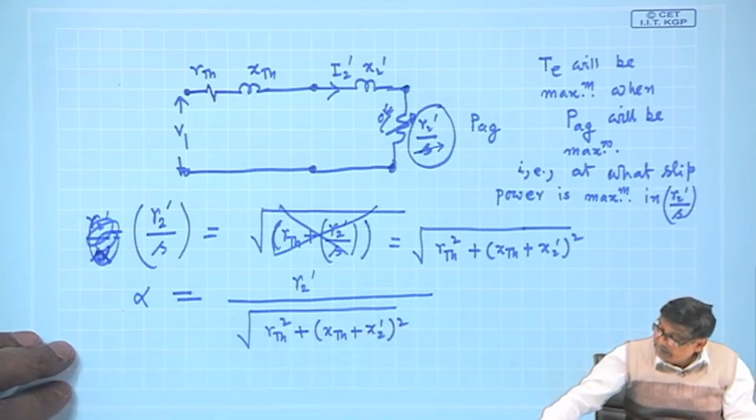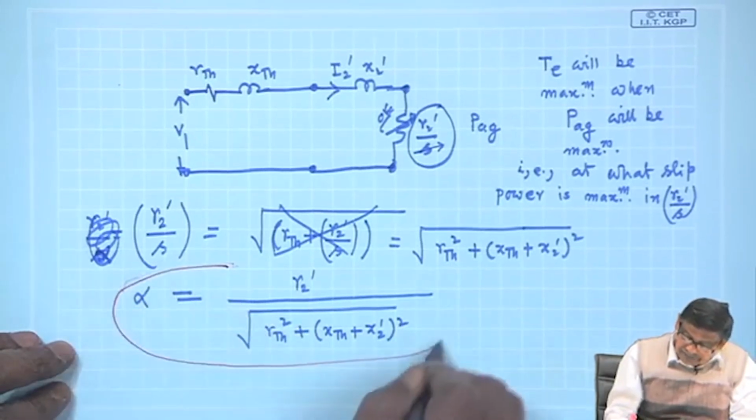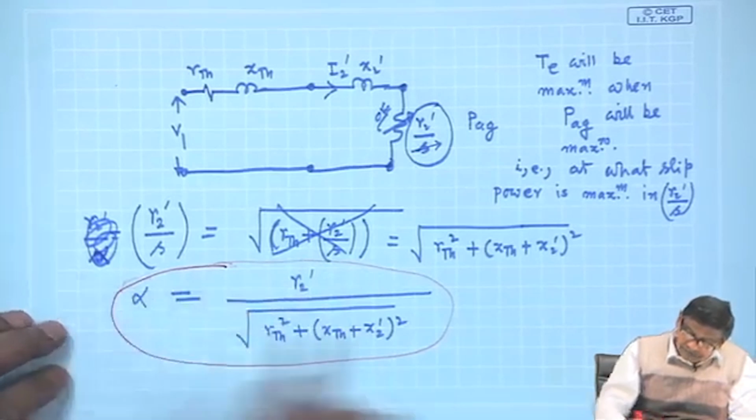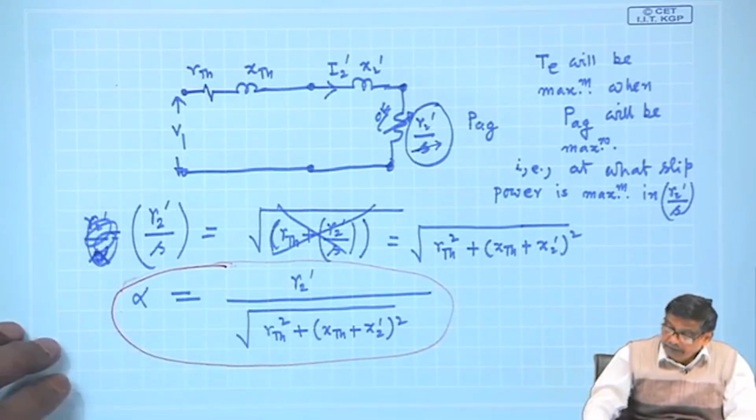This is the result. In one stroke we get this result, no differentiation. So, at this value of slip maximum torque will occur.